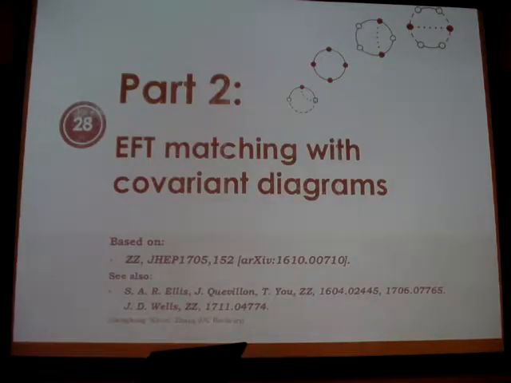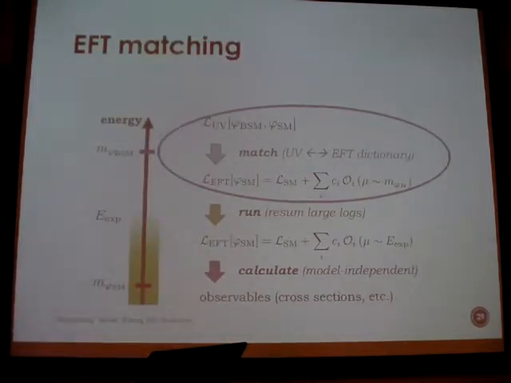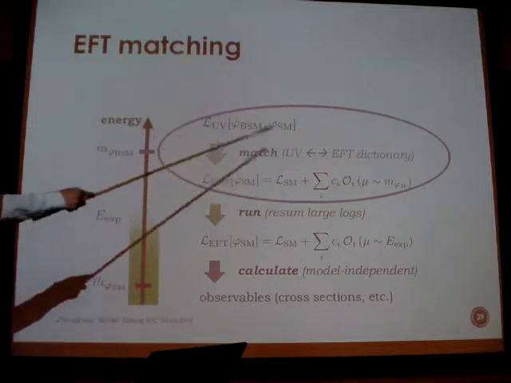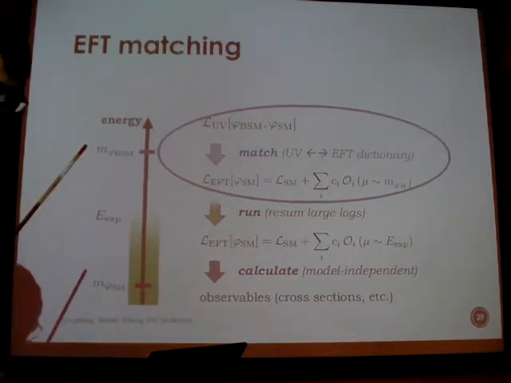All right, now let's switch gears and look at EFT matching. To remind you of the big picture, I'm going to talk about this part of the graph, namely how to derive an EFT from a UV theory.